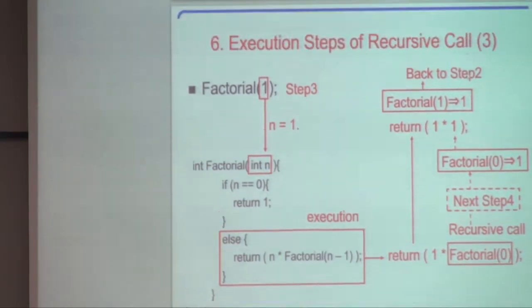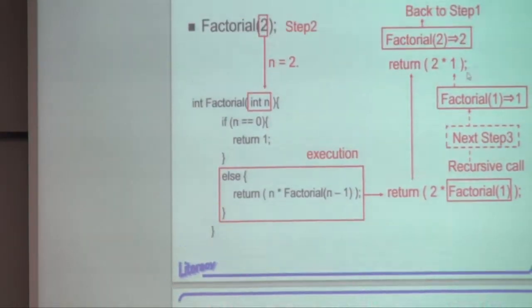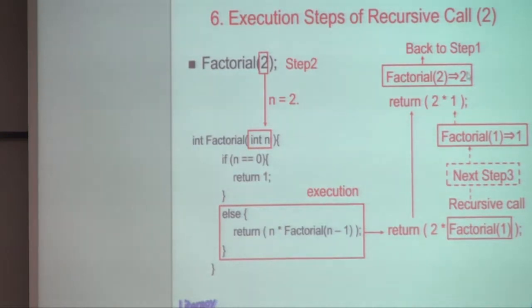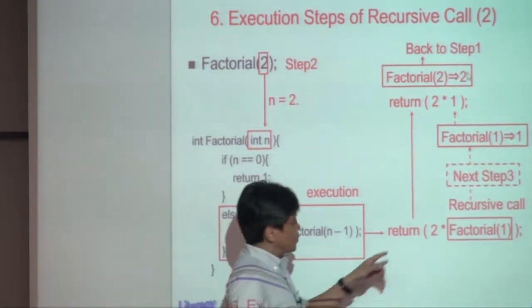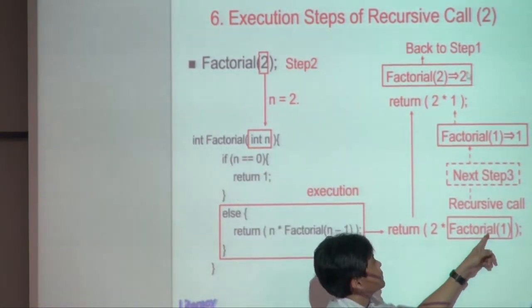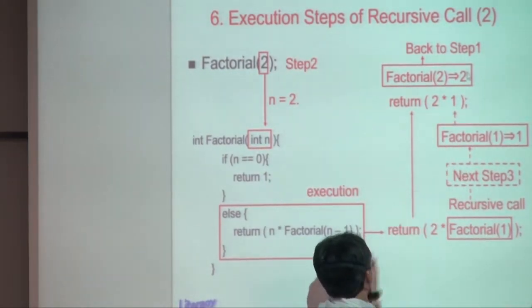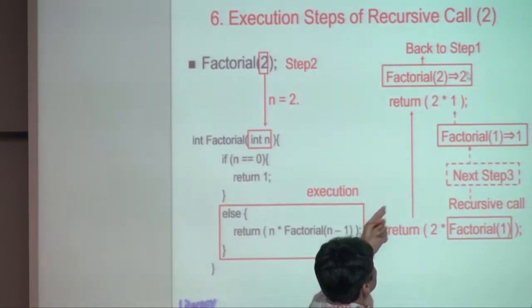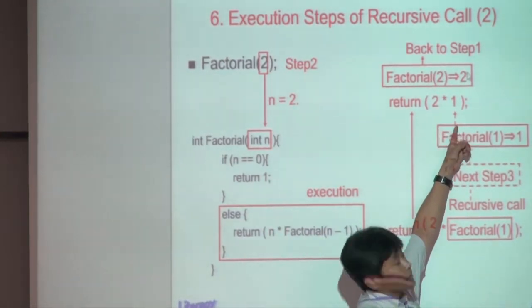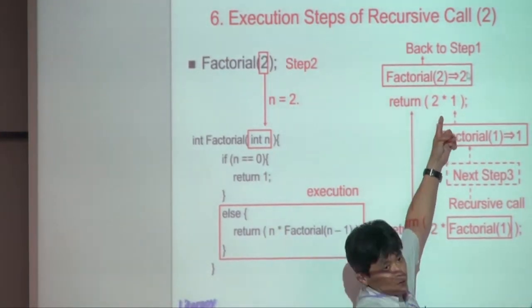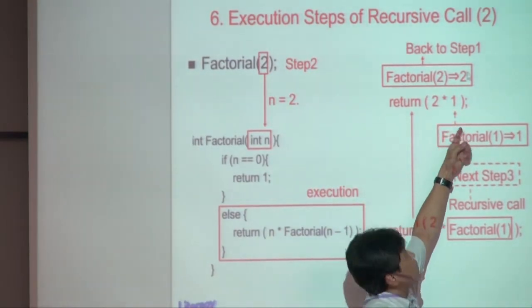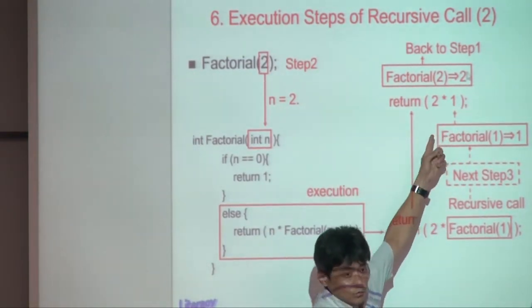Furthermore, you go back to the previous part, and factorial 1 is 1. So this part is calculated as 2 multiplied by 1. So factorial 2 is also calculated. Its answer is 2.